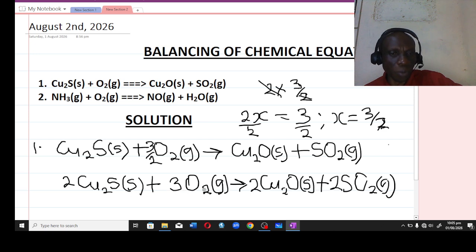Sulfur is balanced. Come over to oxygen, 3 moles of oxygen, so 3 times 2 gives us 6 oxygen atoms. On the right hand side, these 2 tell us there are 2 oxygen atoms here, and these 2 multiplied by these 2 gives us 4. So 4 plus 2 will give you 6. That means there are 6 oxygen atoms on the reactant or left hand side, and also 6 on the product side. So our equation is balanced.